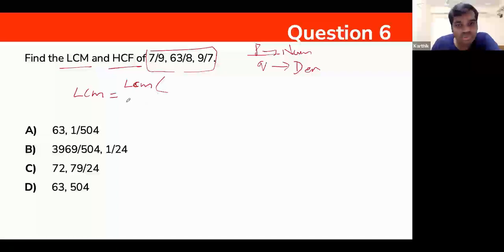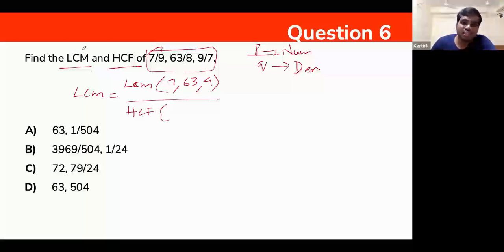So LCM of the numerator means LCM of 7, 63 and 9, and HCF of the denominator. If they are asking you LCM, this is the formula: HCF of 9, 8, 7. So you take LCM for these three numbers.